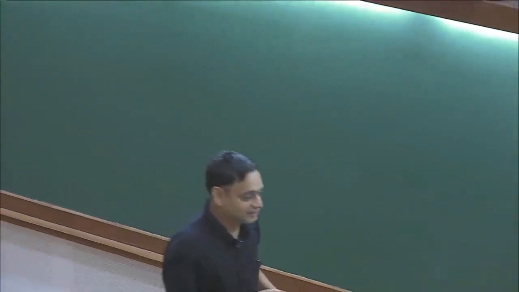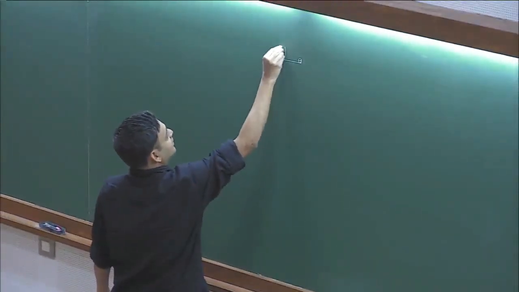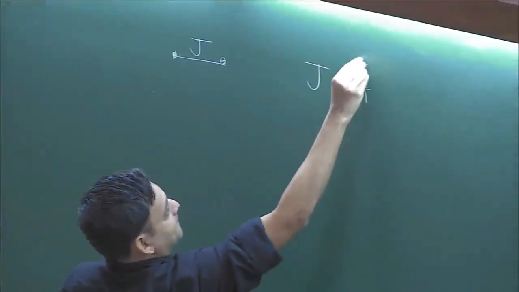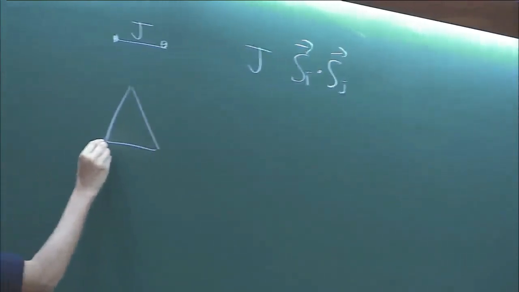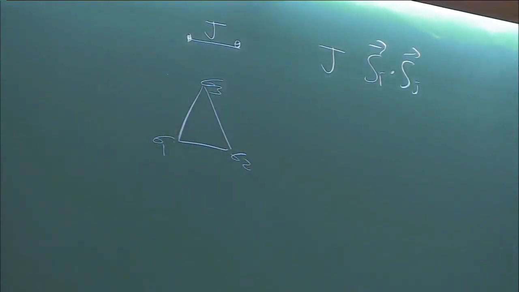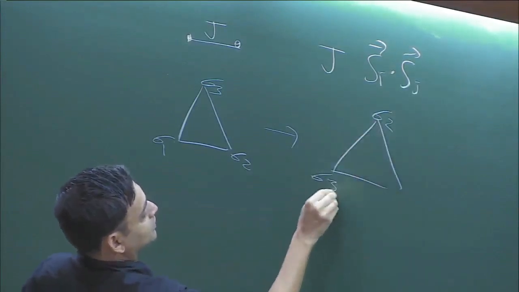And in the process, we discovered that the kinds of terms you get involve nearest neighbor Heisenberg interactions on any lattice, in the SU2 symmetric case. You also get 3-particle exchanges or a ring exchange between 3 spins, sigma 1, sigma 2, sigma 3, going to sigma 2, sigma 3, sigma 1.